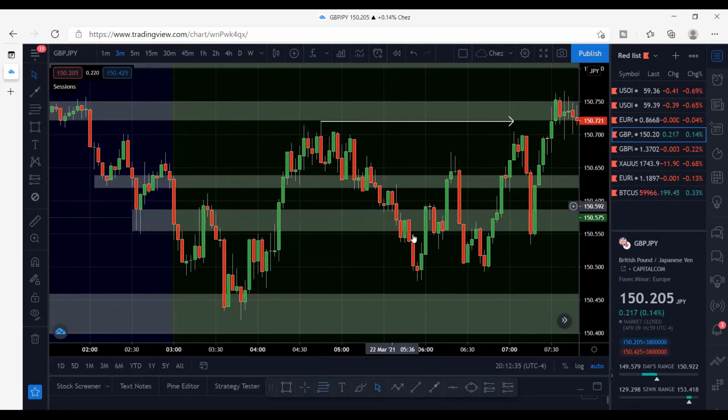We can look for a pullback for further moves forward, but we have to be cautious and cognizant. But the thing that I'm looking at right here is that we have this low right here, higher low, higher low, higher low, and we have upward pressure. And then you have higher high, higher high, higher high, and on top of that you have this break of structure right here, confirming something right there.